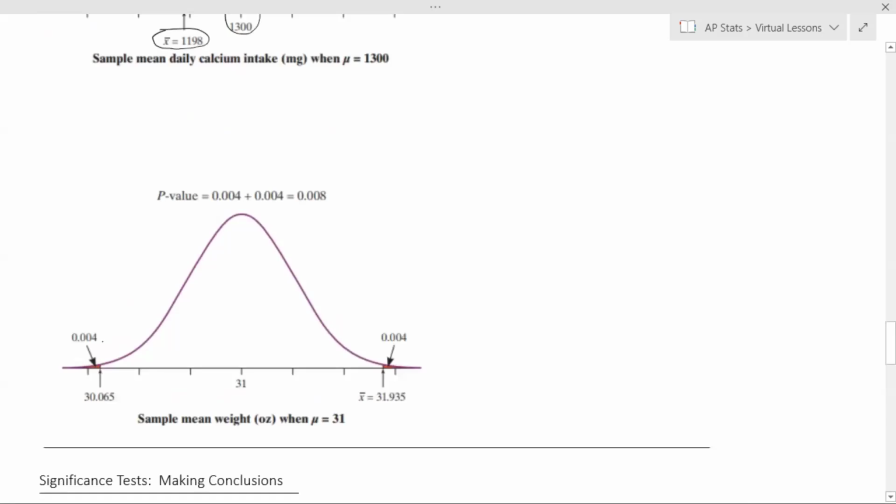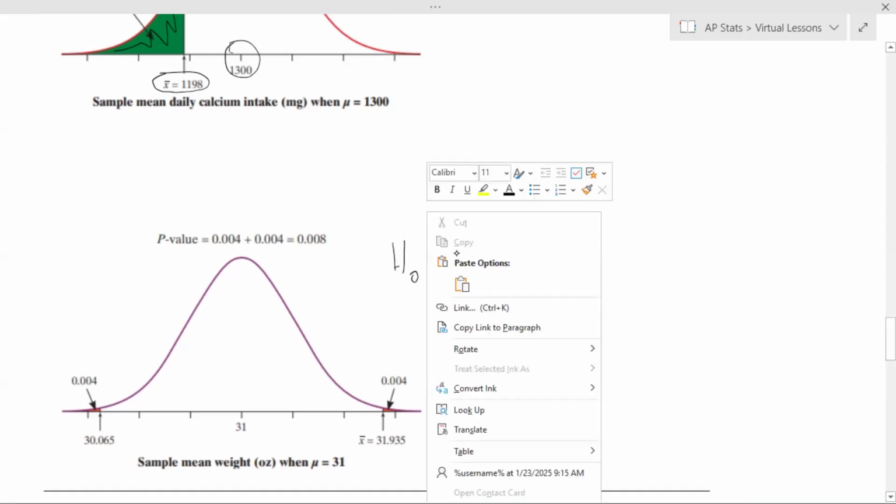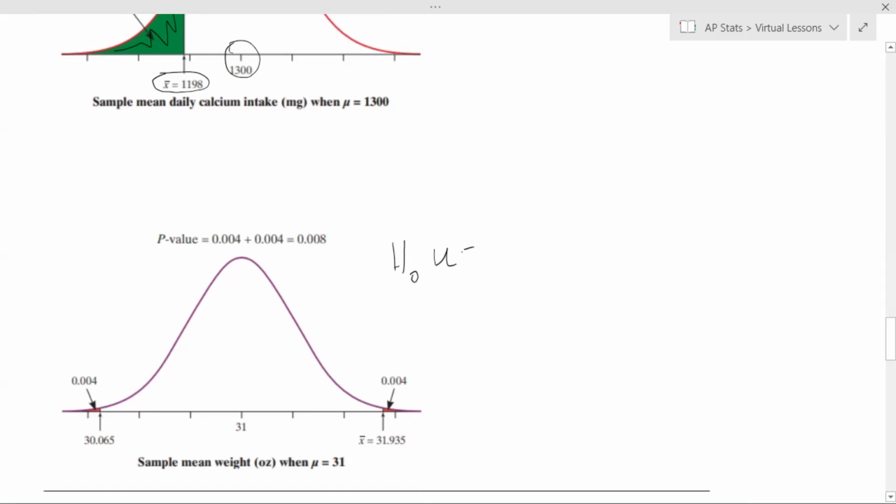All right. Now, if we go back to the example where we had the pineapples, okay, that was a two-sided test where the parameter was not equal to the null value. So we could say that the values of the sample statistic could be less than or greater than the null value, and either way would give convincing evidence for the alternative. So in this example, we were testing the null that mu was equal to 31 versus the alternative that mu was not equal to 31.